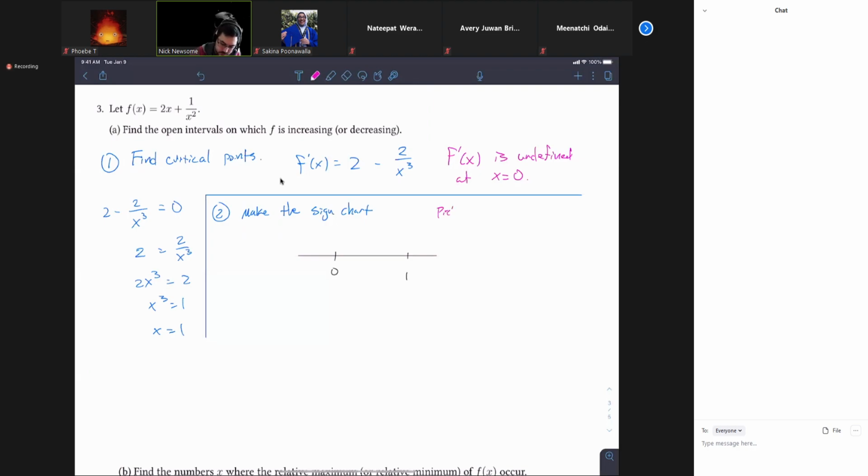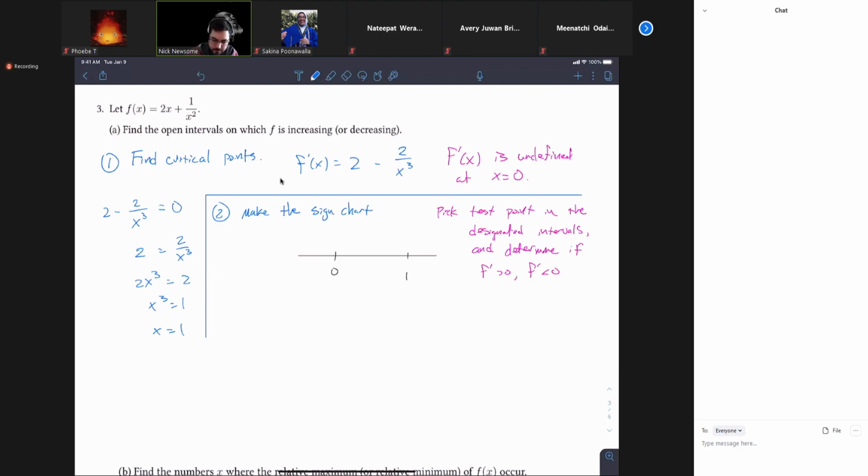So we need to pick a test point in the designated intervals and determine if f prime is positive or negative. Okay, and because all we care about is if the thing is positive or negative, I don't need to actually compute it. I just have to know kind of an idea of what's going to happen.